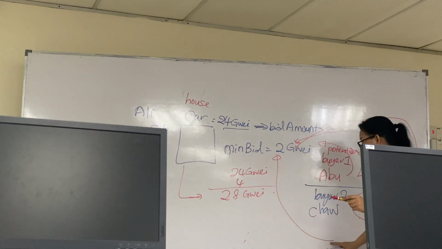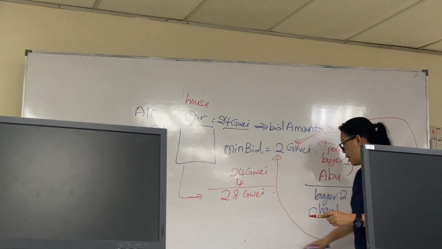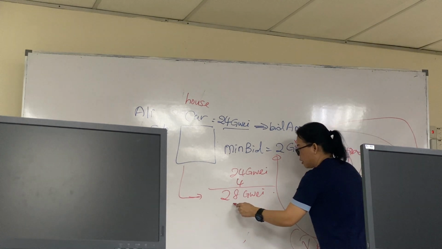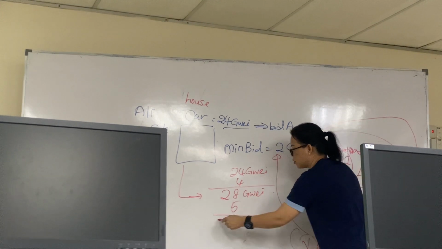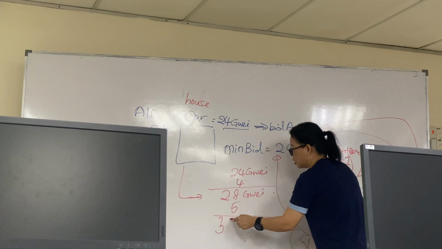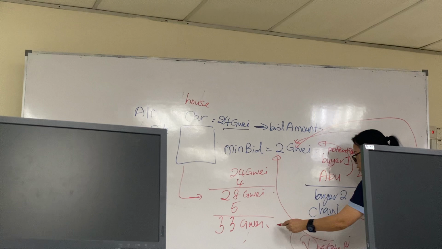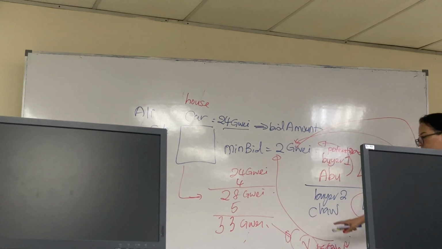If I want to pay more, let's say I increase another 5 G-Way, this X user, willing to pay 5 G-Way, the price becomes 33 G-Way already. So by right, this person will be the one who wins. You should determine who wins it.